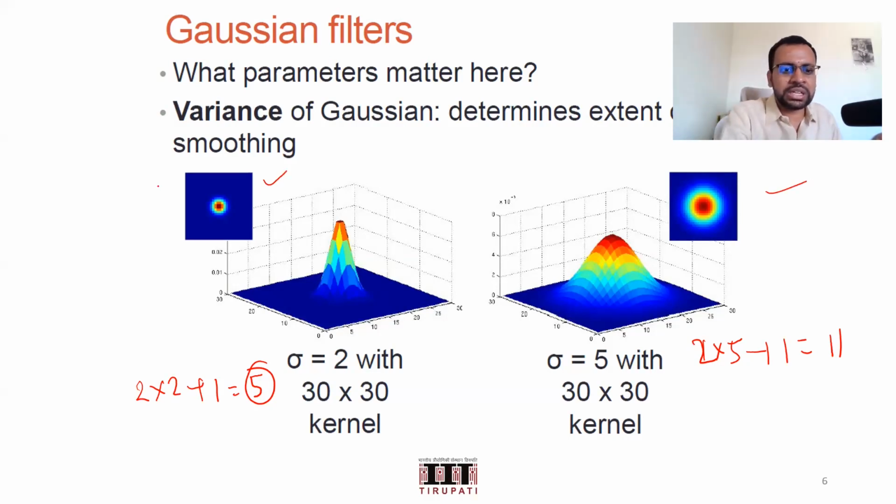These are kernels which have a size of 30 by 30. The same 30 by 30 is used here, and with a larger variance you see the values being non-zero. The blue is indicating 0. You can observe the color coding from this mesh plot of your continuous Gaussian. Of course, you cannot plot a continuous Gaussian.